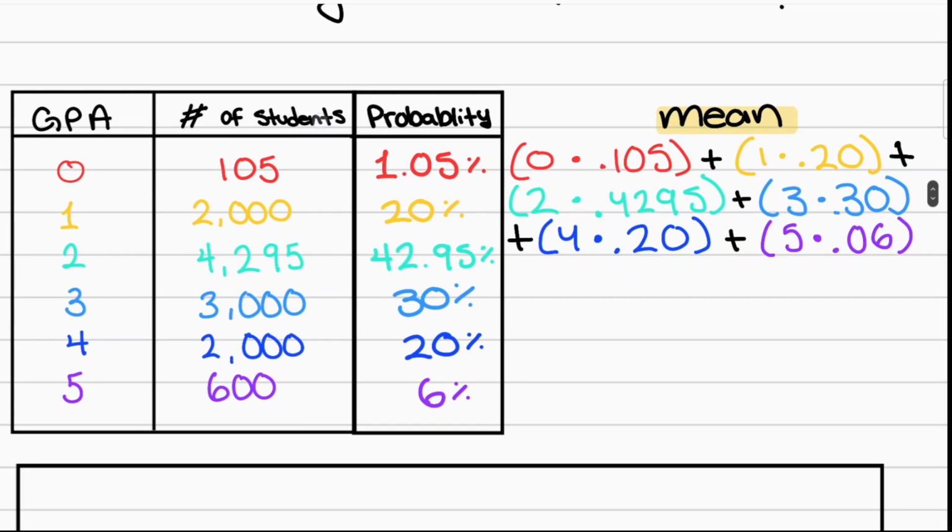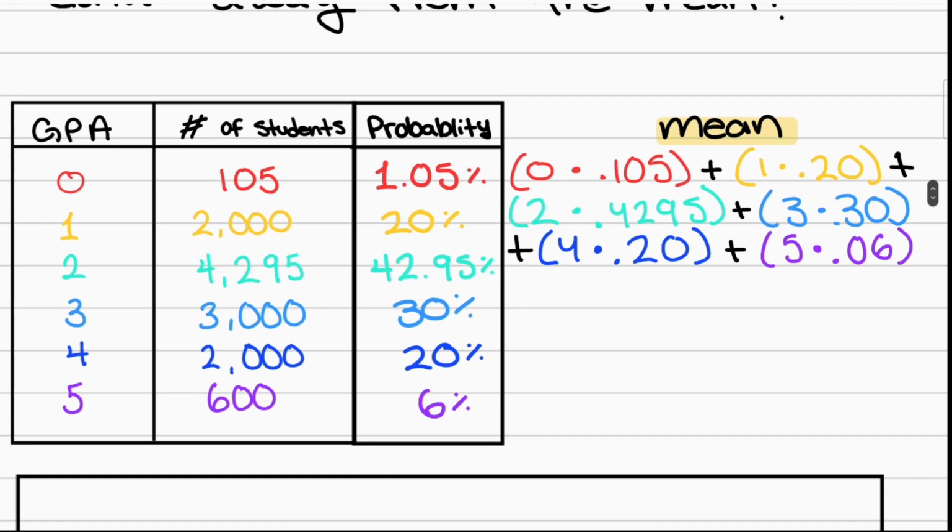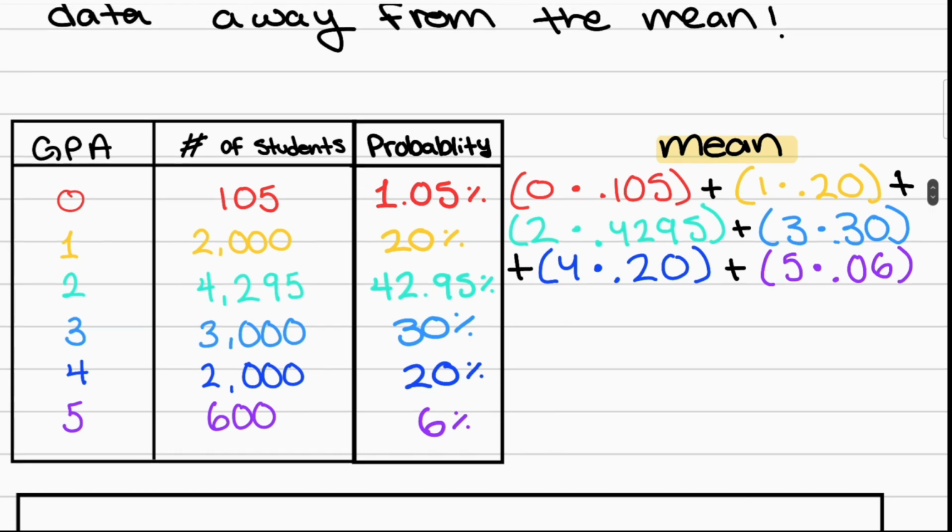So with our previous example, to find the mean, we would have to add them all together while also multiplying them by their x. So the GPA would be the x, and the probability that we figured out would be the p of x. I'm going to give you a moment, or you could just pause the video, to figure out what this adds up to, to find the mean of the problem.